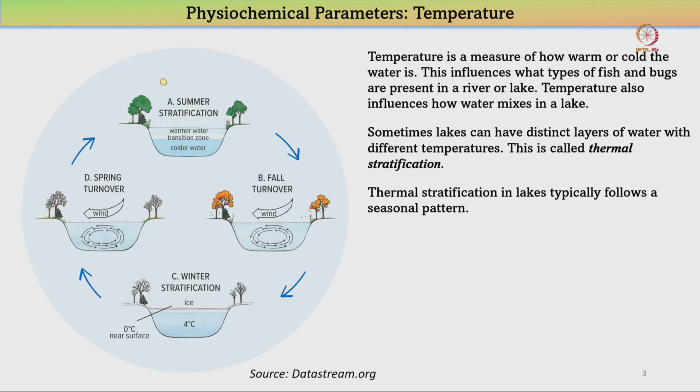Now, naturally there is a temperature cycle, and the cycle you are seeing in this figure is the seasonal cycle, which is very common in the temperate regions. In the temperate regions we have a very clear-cut summer season, then in India there is the rainy season, in other places there will be autumn, then winter, then spring.